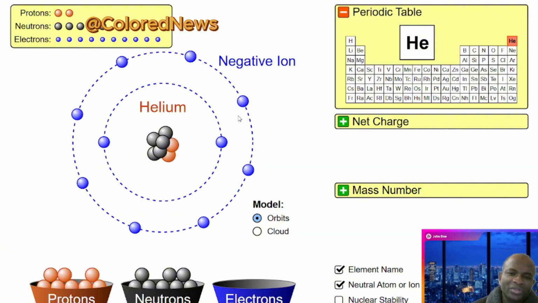Let's use that word. So it is the amount of electrons that will determine the charge of my atom. If I have more electrons than protons, then my atom is negatively charged. And if I have more protons than electrons, my atom is positively charged.